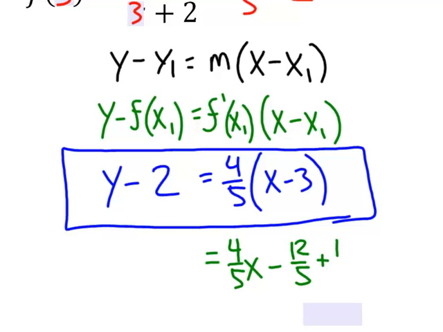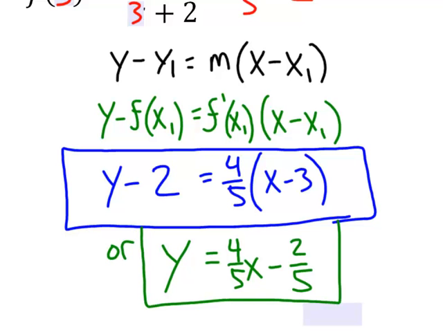So that's going to be plus 10/5. That's how I'm writing 2, correct? So minus 12/5 plus 10/5 simplifies to just minus 2/5. I'm going to go ahead and just erase it and put it there. So again, whether you write it in point-slope form or slope-intercept, either is technically correct, although I generally recommend you leave the point-slope as your final answer.